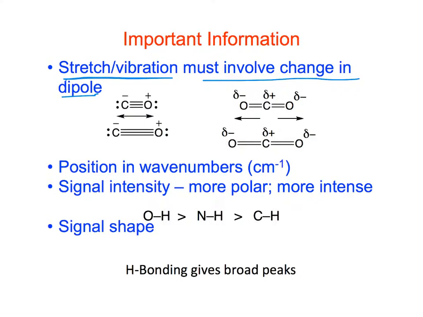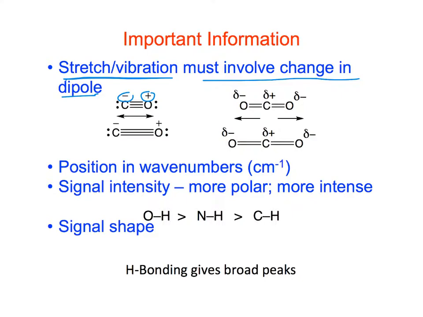Okay? And so, for example, if we have carbon monoxide here, we have a polarity with a plus on the oxygen, minus on the carbon if we have this resonance form, and so we have this polarity, and as it stretches, the dipole is going to change because the distance between the plus and the minus is going to be changing.